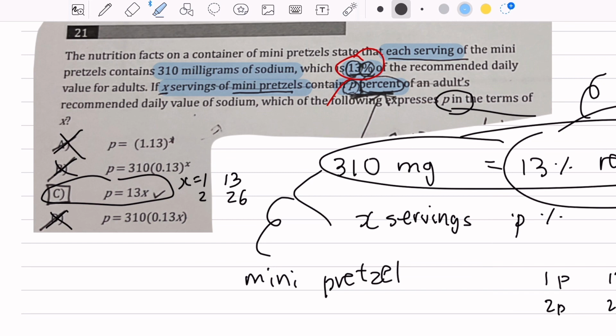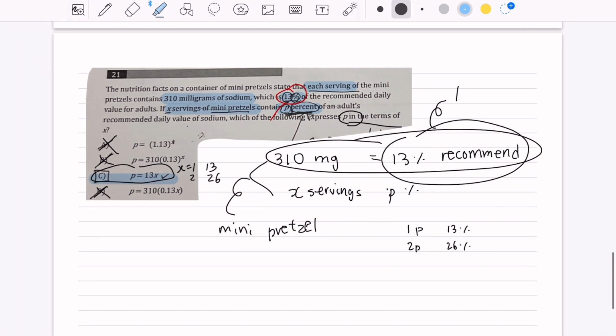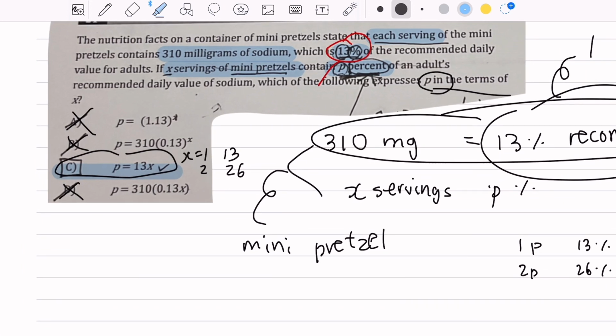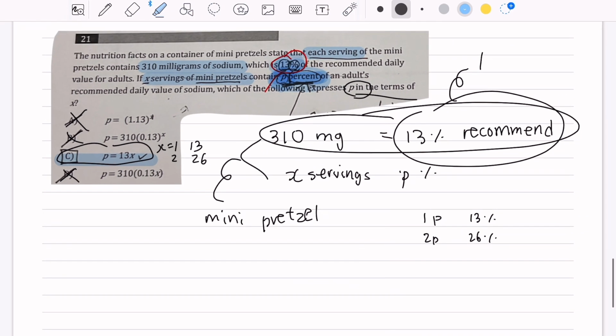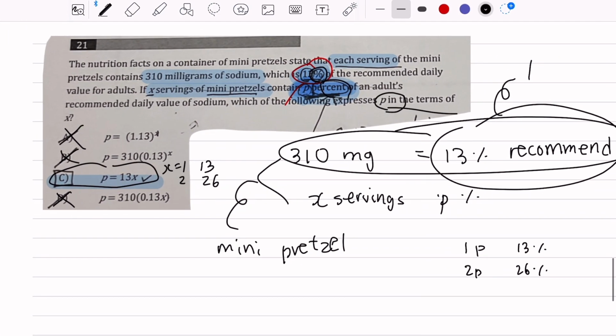So this is pretty hard, but the answer is C, not something that looks related to percent. And the reason it doesn't look like a percent answer is because this is P%, not just P, and this is 13%. So the percent matches. So the answer is C.